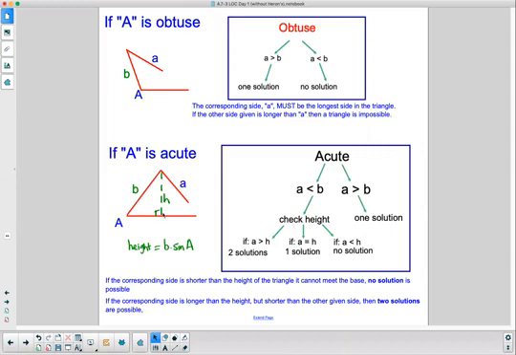If the triangle is tall and the corresponding side is too short, you're going to get no solution. If this is exactly the same length as the height, you're going to get just 1 solution and it'll be a perfect right triangle. If this side is longer than the height, you will get 2 triangles.